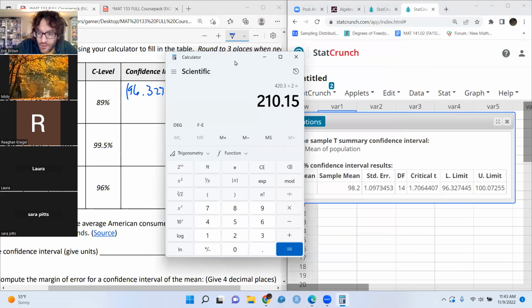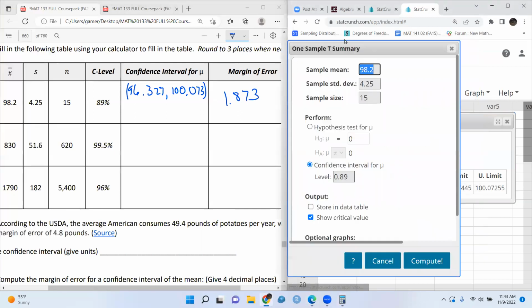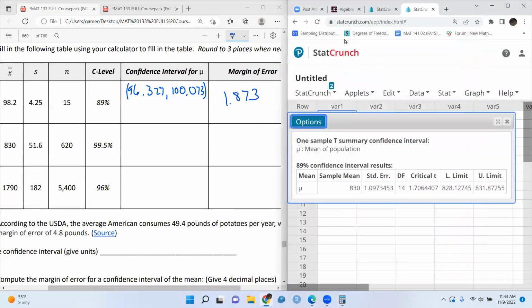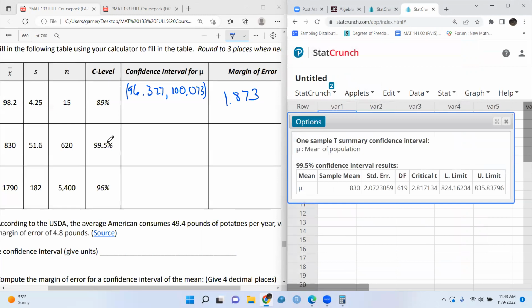This C level is going to be so easy to forget on these. I was about to do it just now.